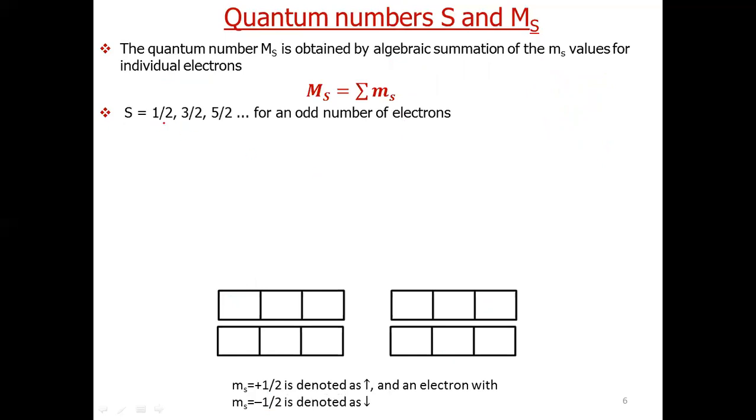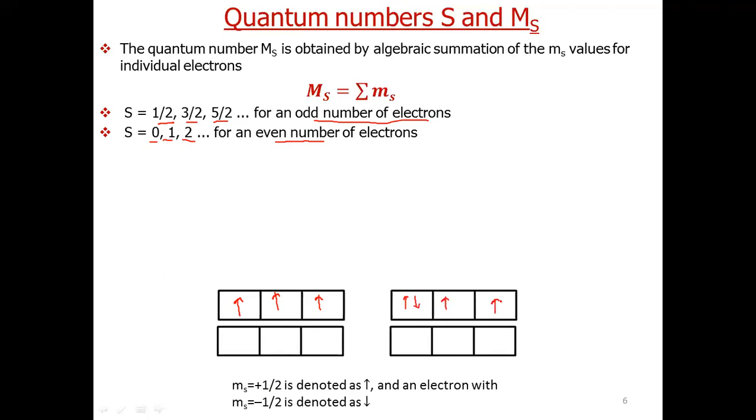S can have values half, 3 by 2, 5 by 2 for an odd number of electrons, as we already did. If the number of electrons is even, then S will have a value 0, 1 or 2. Suppose this is 3 electrons, it is odd. We have 4 electrons, these are even.